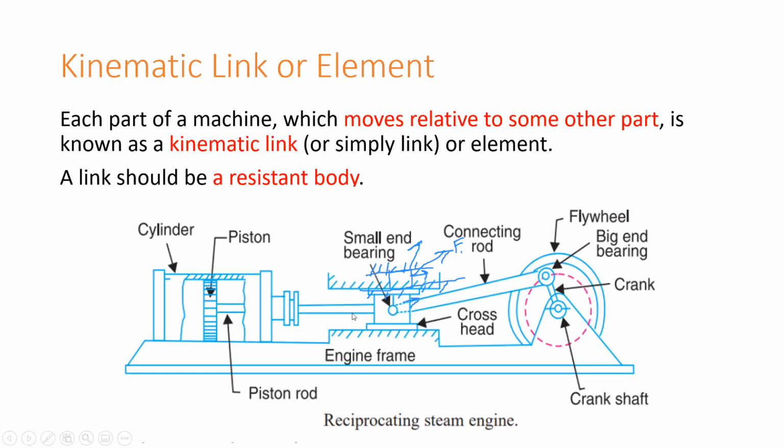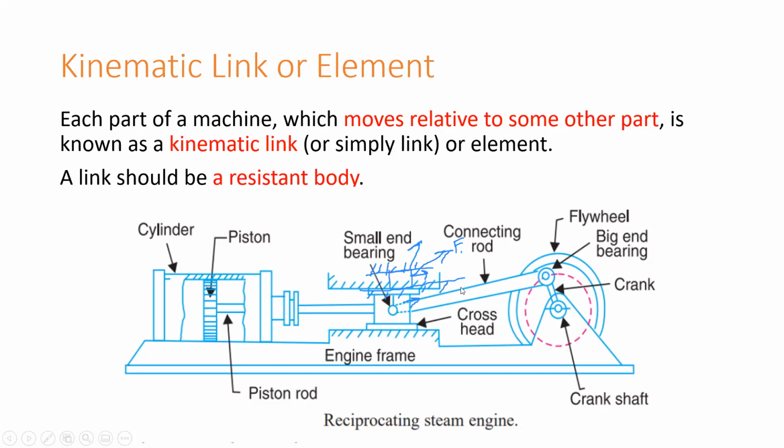Now what kind of motion is possible between them? Only reciprocating, which means the motion is constrained. So it is another kinematic pair, consisting of the cross head and engine frame. The second kinematic pair we have seen is the piston and connecting rod.